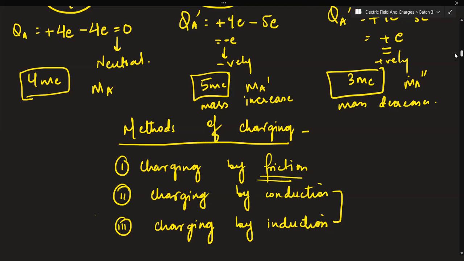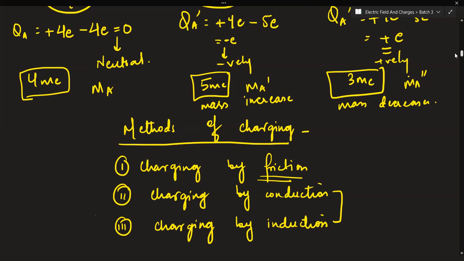Or if you have two cubes with side A, both cubes have the same side, so they are identical. If you have identical bodies, then the charge gets divided equally. Whatever transfer of electrons occurs, occurs equally. This means if there are 4 electrons, each body will receive 2 electrons.